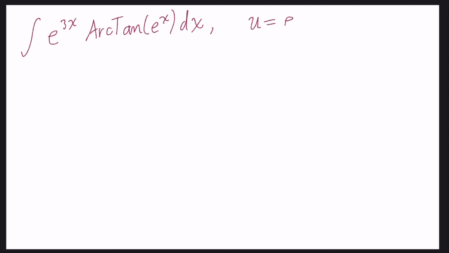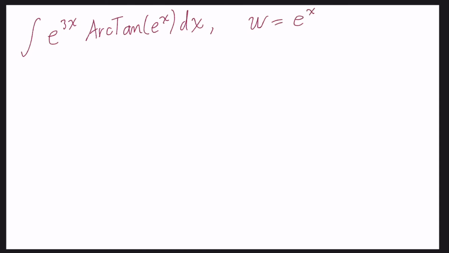So what I have found is this integral of e to the 3x times arctangent of e to the x dx. We don't know how to relate this at first, but if we consider a substitution, maybe we will use integration by parts, so avoid using u.